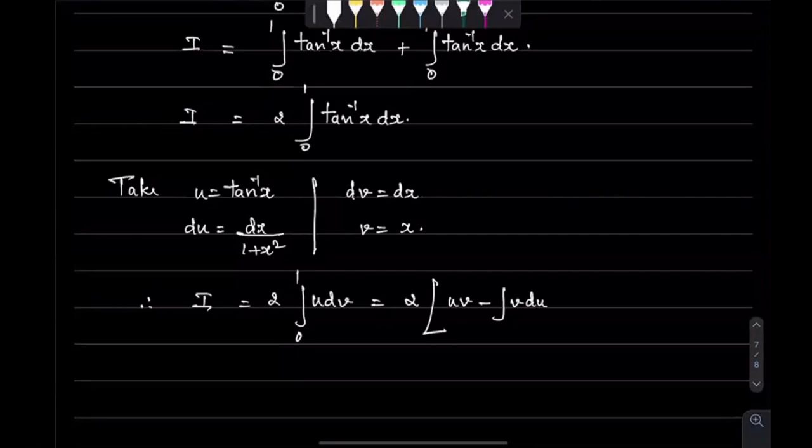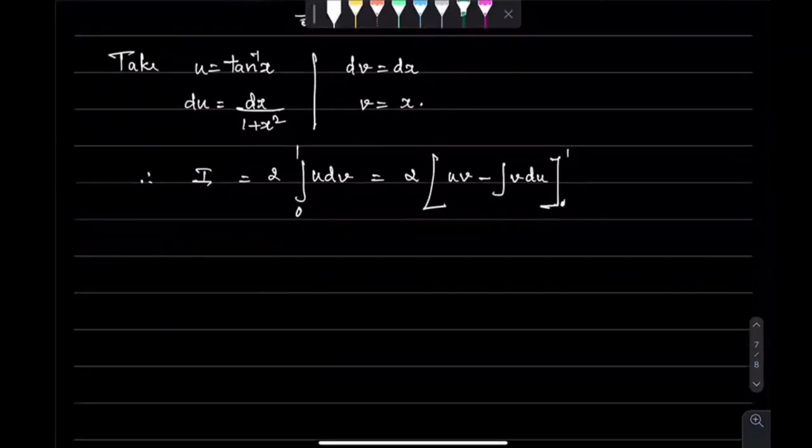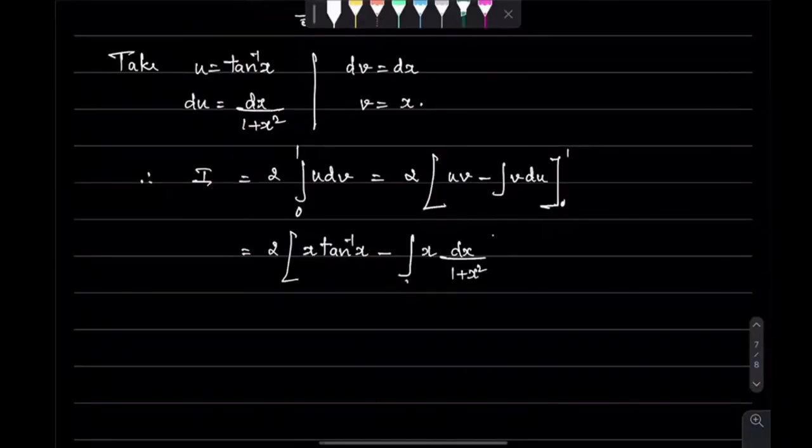So I'll write it down here for you, 0 to 1. If I substitute those values, 2 times of, what is uv? x into tan inverse of x minus integral v, which is x, du, which is dx by 1 plus x square, 0 to 1 limit. Make sense?